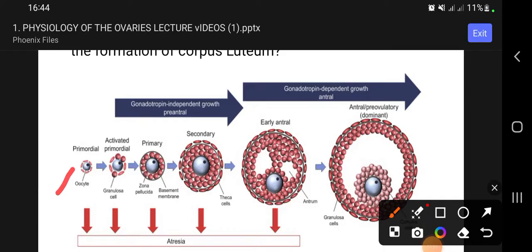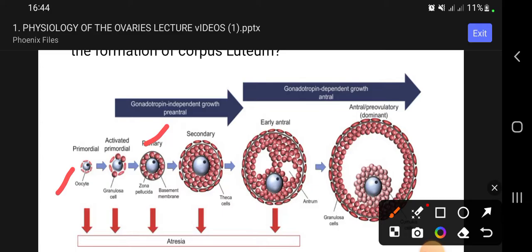So we have the primordial follicles there. They contain the primary oocyte surrounded by a single layer of granulosa cells, as you can see there. And then we have the primary follicle.